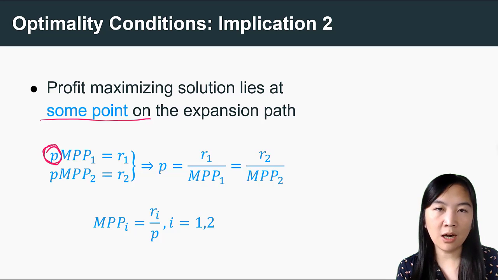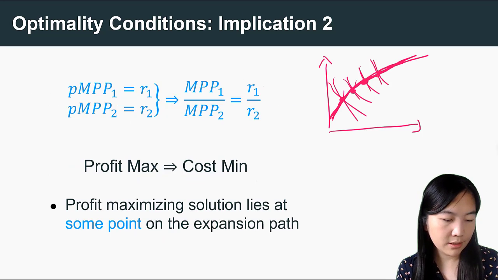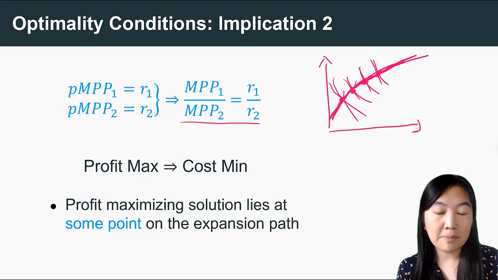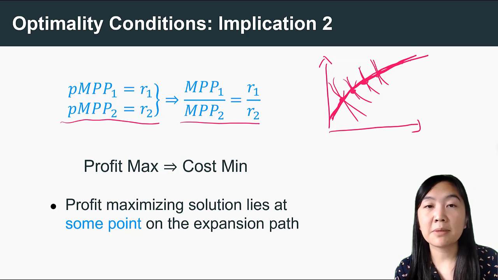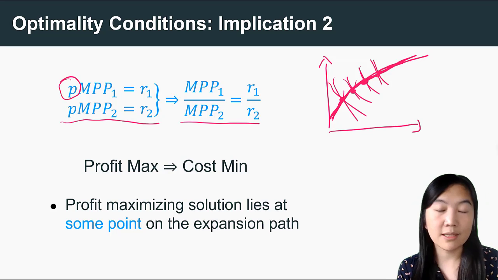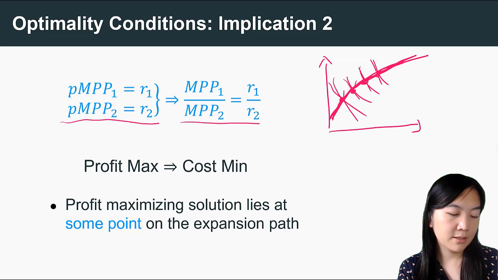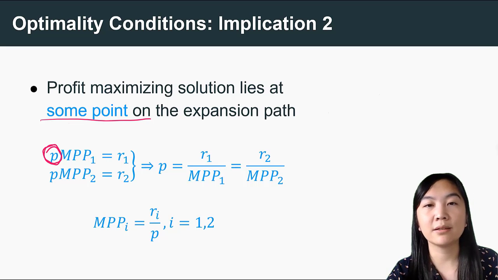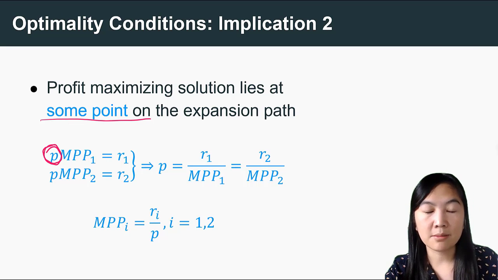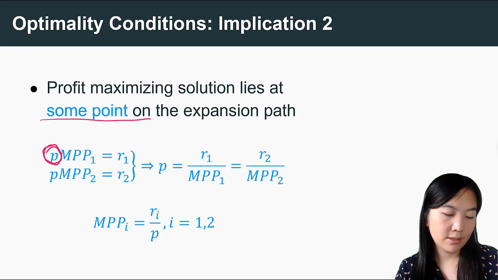Which point that is actually depends on the information here, the output price. When we derive the cost minimization condition from the profit maximization condition, we lose this P. So that information was gone. However, that's exactly the information that decides which point is the profit maximizing point.